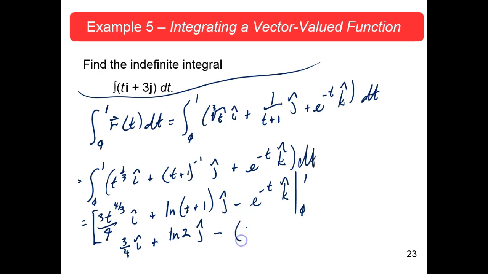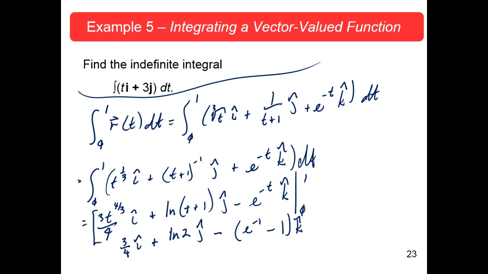Okay, I'm going to open a parentheses here. Maybe I shouldn't. Yeah, I think I will. E to minus 1, okay? And then you're going to have a minus for the other part, e to the 0. What's e to the 0? 1, okay. All right.